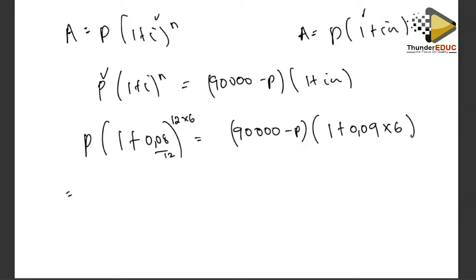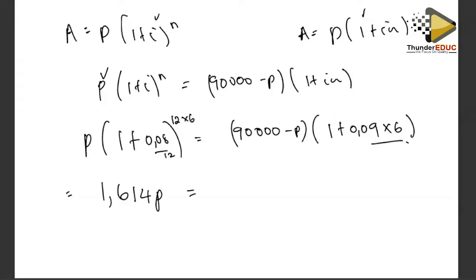Let's see if we simplify what we have on the left-hand side, which is just the brackets. We have 1 plus 0.08 over 12 to the exponent of 12 times 6. Okay, I'm getting 1.614P.